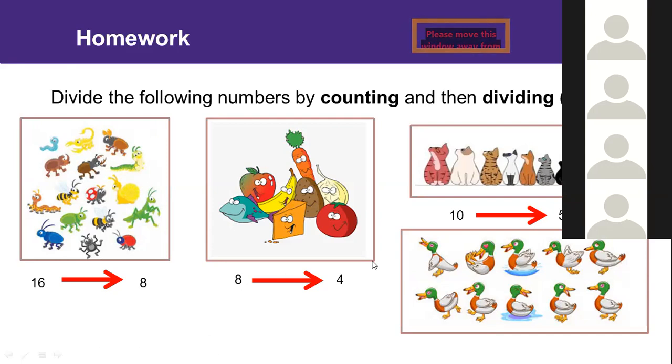If we share them equally, each gets 5. We can draw a line there: 1, 2, 3, 4, 5. They must be equal. 1, 2, 3, 4, 5. Well done. 10 divided by 2 is 5.